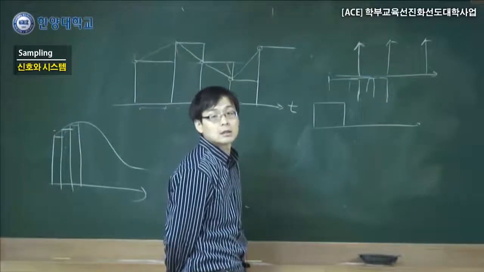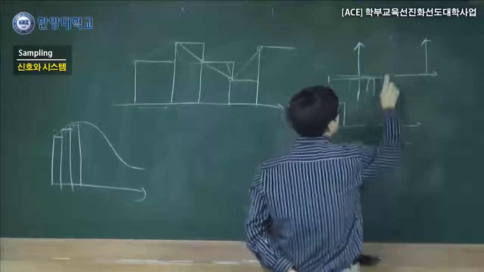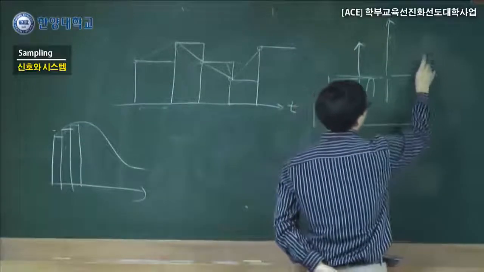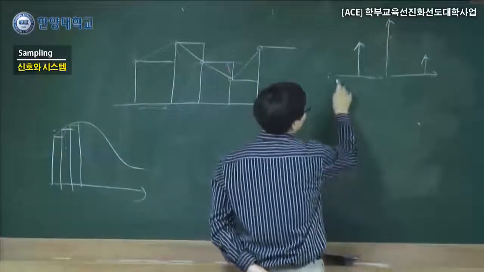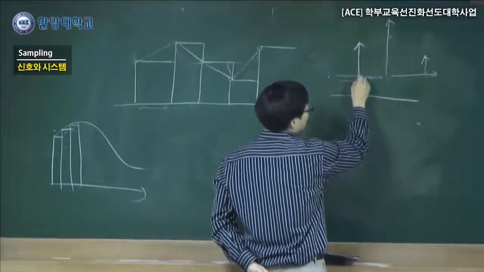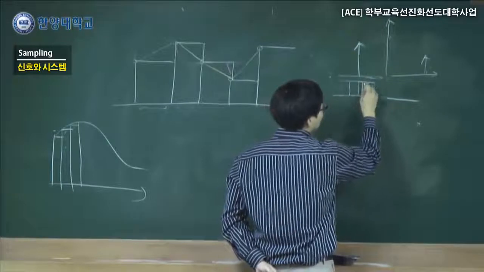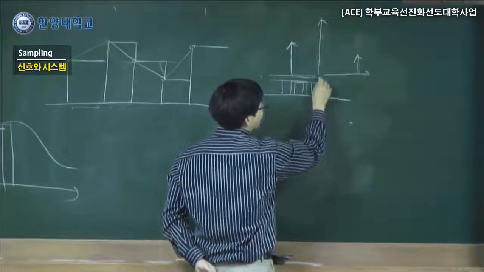Is it right? So I should redraw it. This is a discrete time signal. I should redraw it. If you multiply with this rectangular, when they begin to approach here, then they begin to multiply by this. They begin to multiply like that, and continue to multiply this until they begin to hit here.